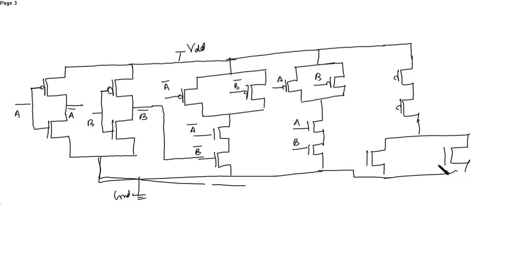Okay, these have the inputs A bar, B bar and AB. Similarly here, this is the final output Y that gives the output A XNOR B.